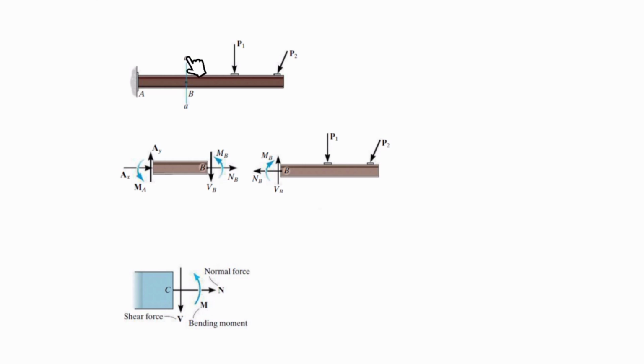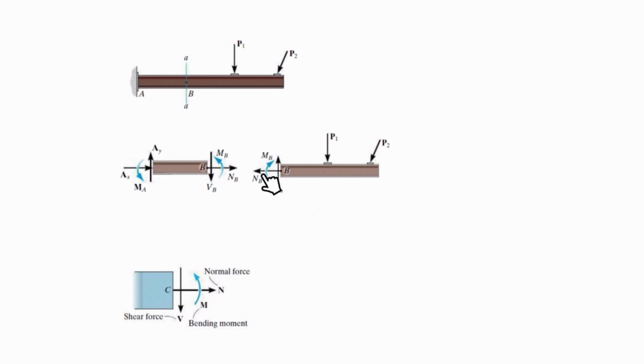For example, here if I cut here, and I know P1 and P2, this part of the structure has a free body diagram, meaning that if I cut through this, I need to put whatever is applied by the other section to this. Because this is a continuum beam, it can apply two forces.